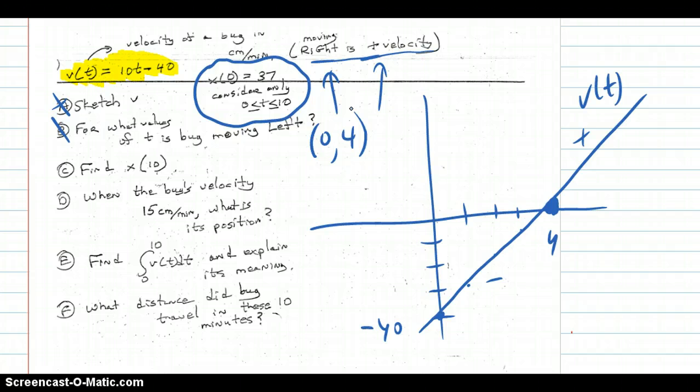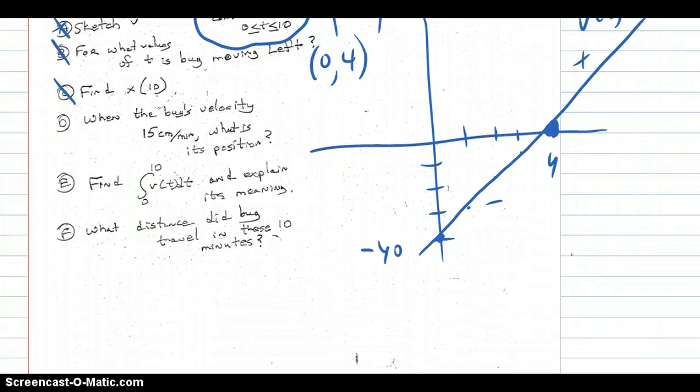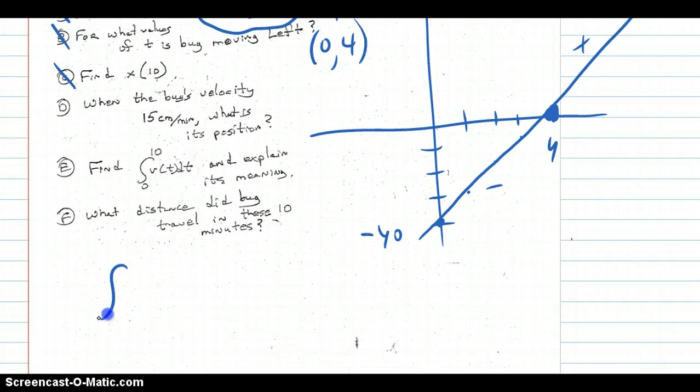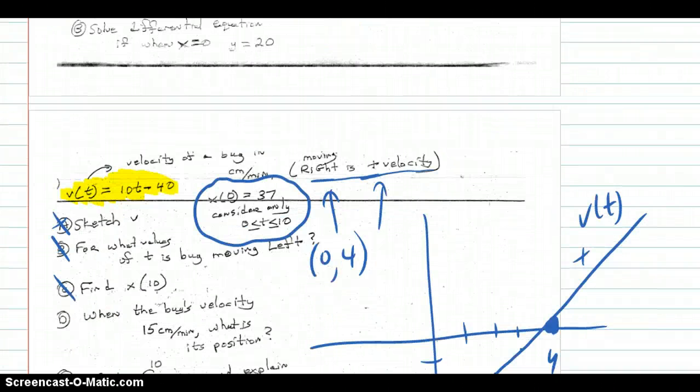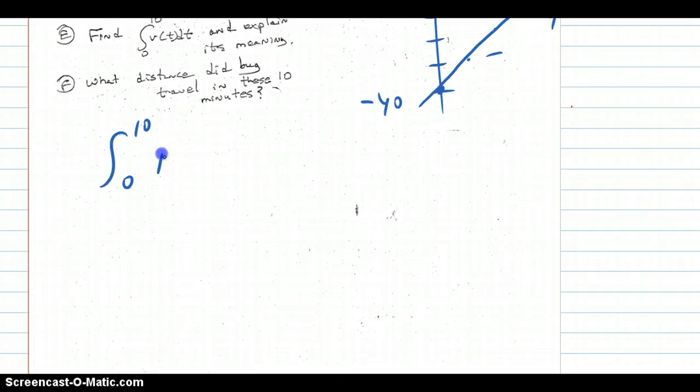Find the position at 10. Well, if you want to find the position at 10, I need some more room here. Basically, the position at 10 is the change from 0 to 10 of this equation, 10t minus 40. And then where did we start?